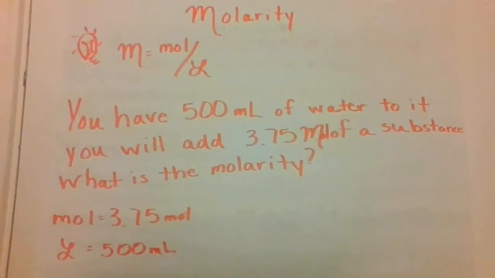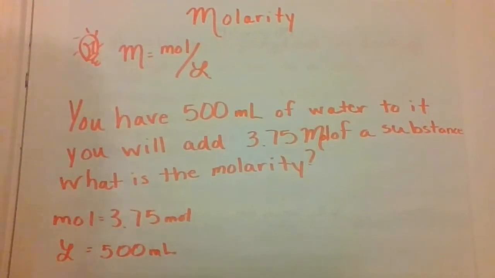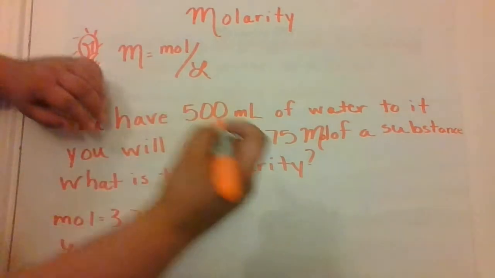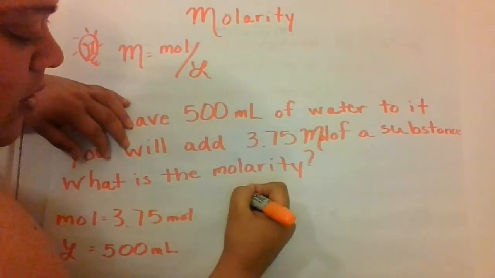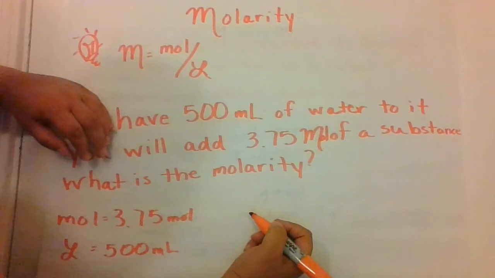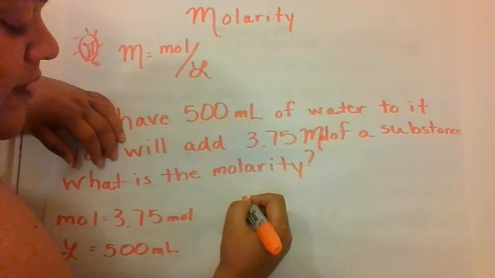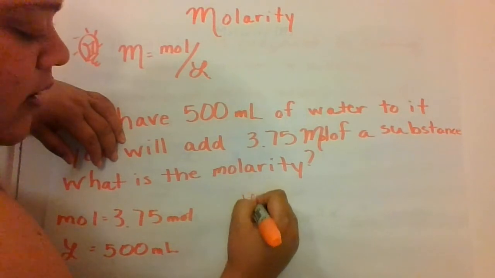So what would we do for this particular problem? You are absolutely correct. We would go ahead and convert this 500 mLs into liters. So I'm going to show you a small example of dimensional analysis. In dimensional analysis, on the far left, we put what we are wanting.